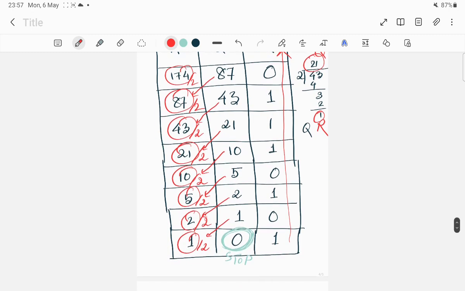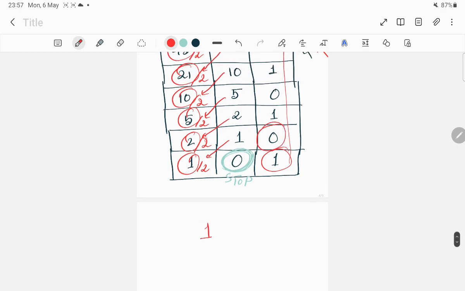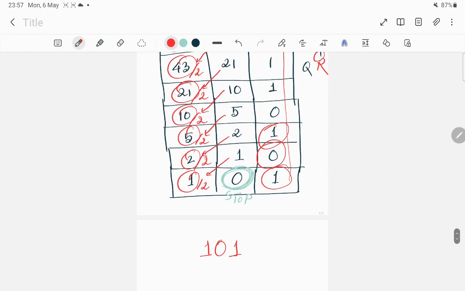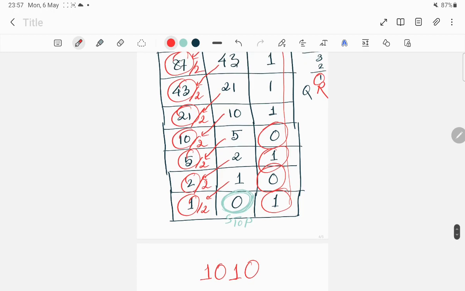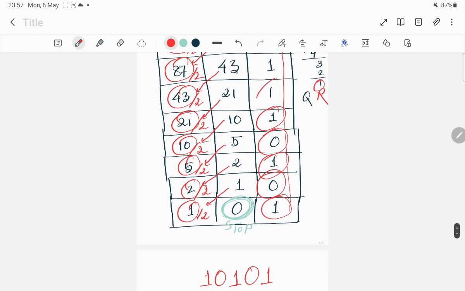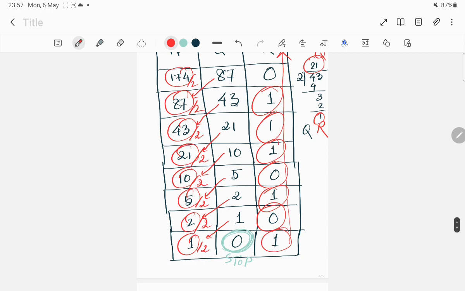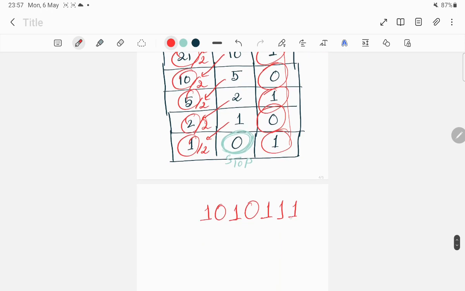So first is 1. Second is 0. Third is 1. Fourth is 0. Fifth 1. Sixth 1. Seventh 1.